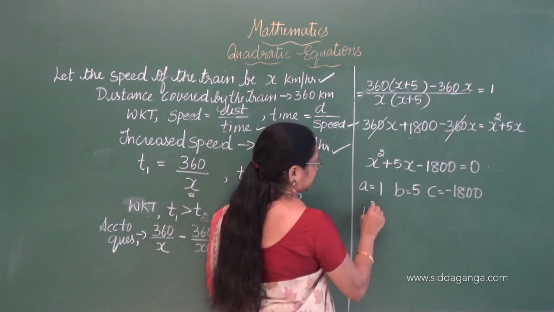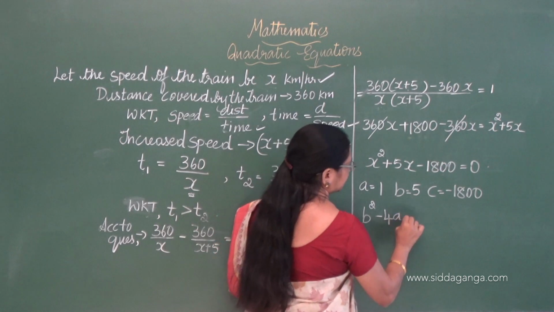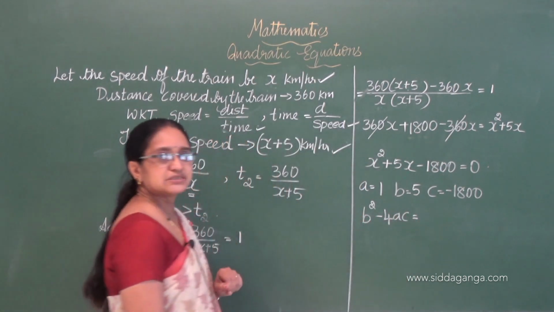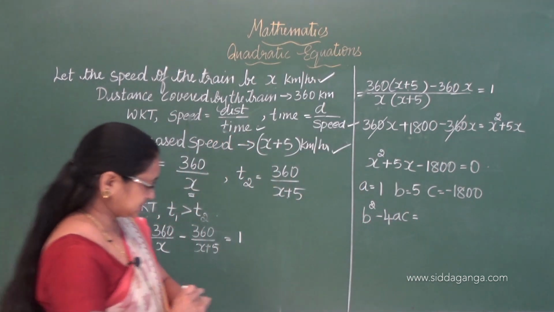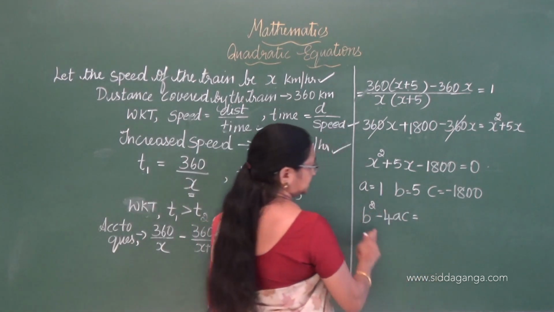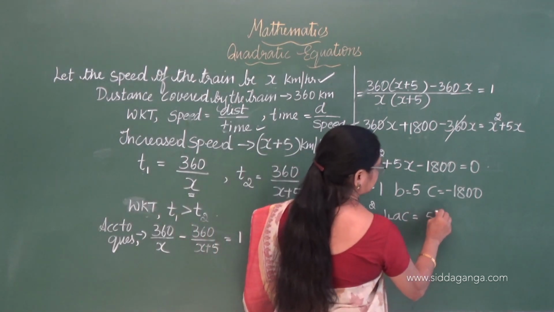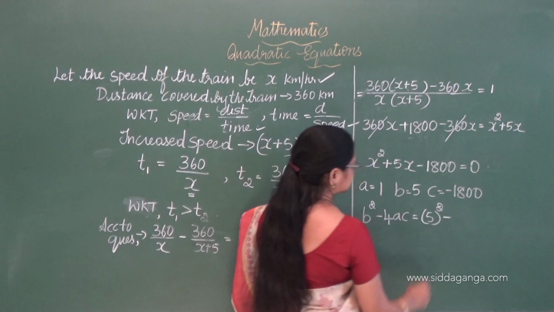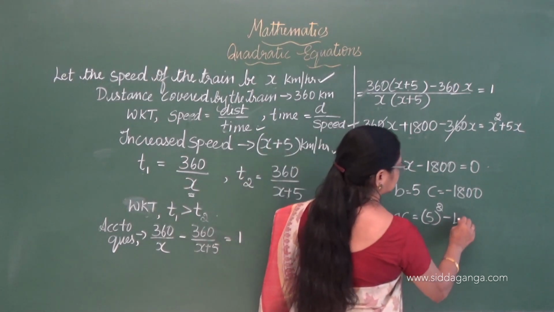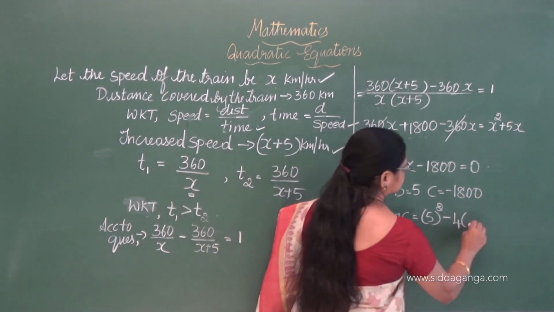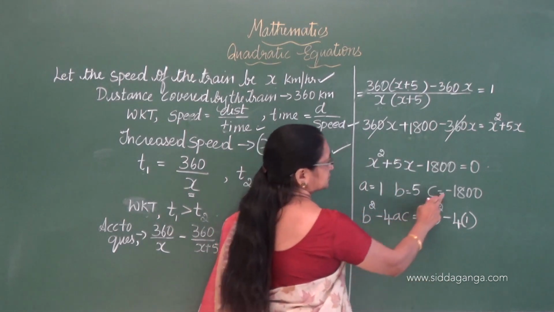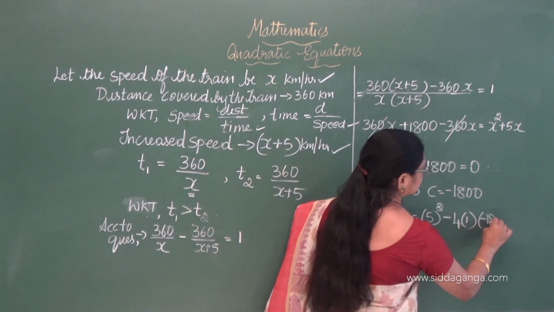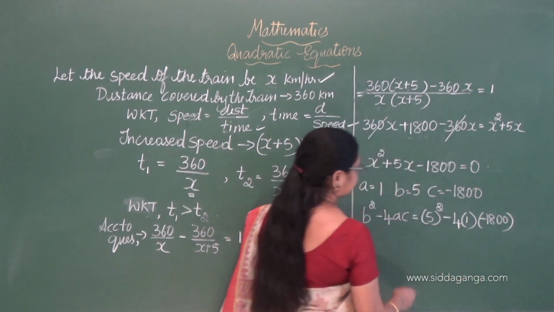Now B square minus 4AC is equal to 5 square minus 4A, C is how much? Minus 1800.